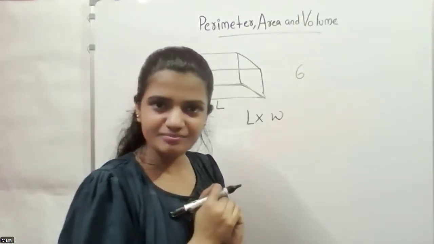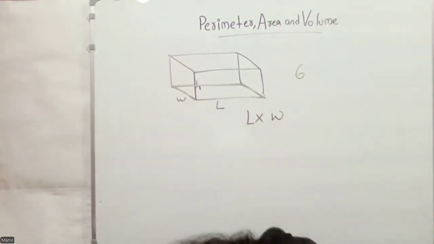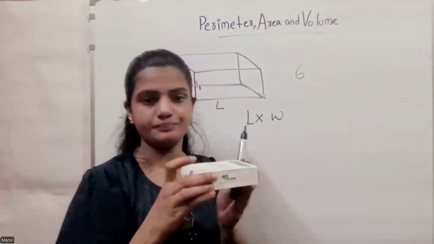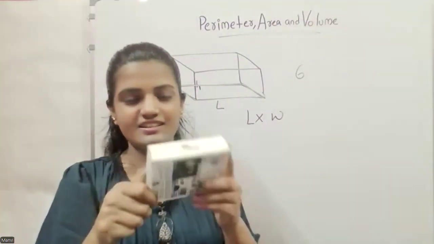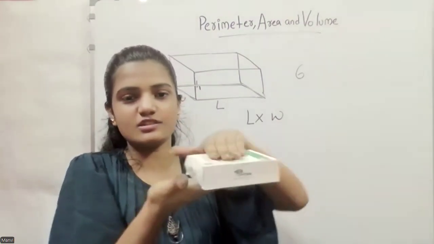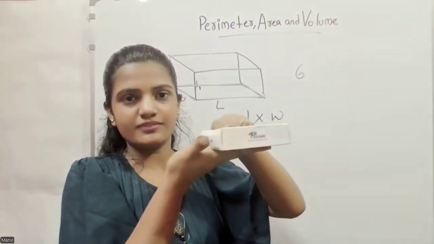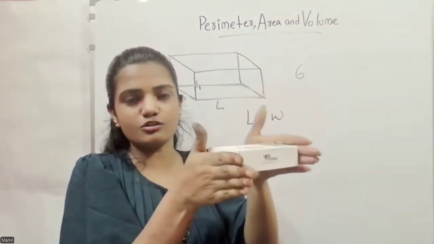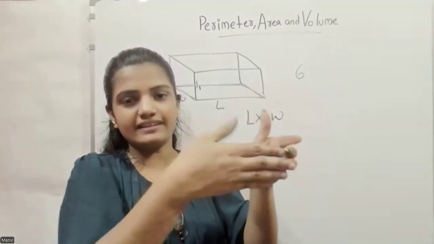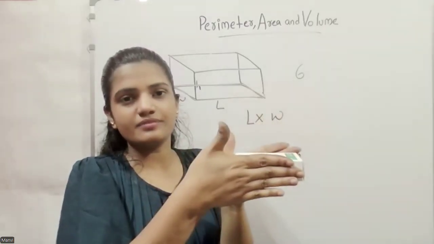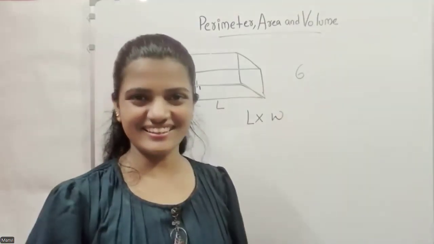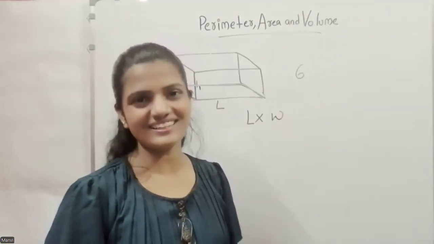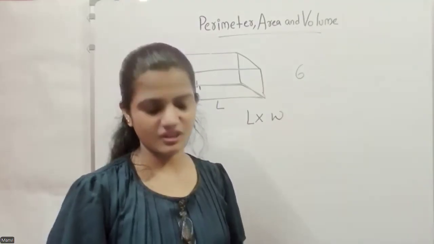For example, I have this one, which looks like a cuboid, right? So this and that look the same, this and that also look the same, and this and that also look the same. You can understand by using this. Okay.